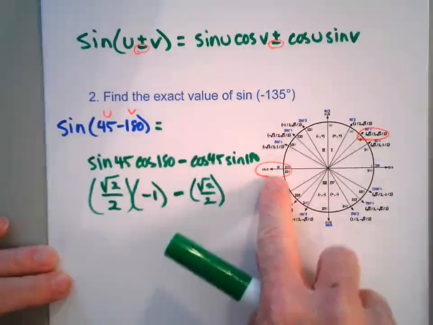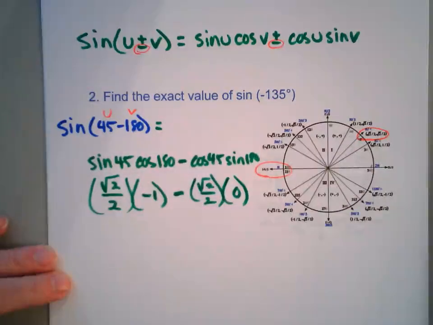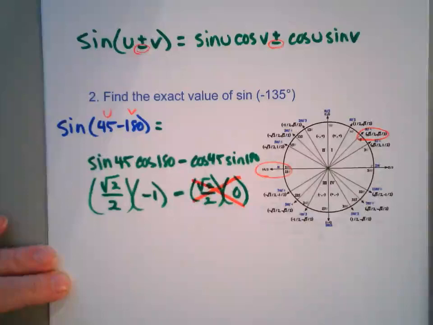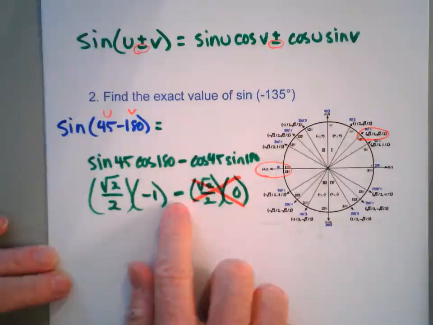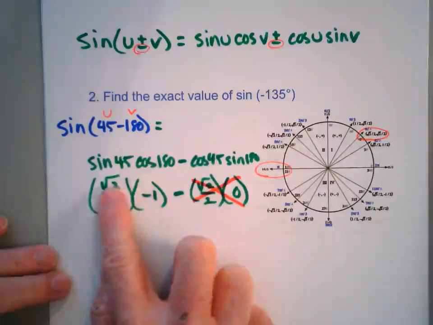Sine of 180, need a good unit circle, is 0. So if you're paying attention to this problem, you'll know that 0 times anything is gone, and that subtraction sign is not going to mean anything, and so all we have is this right here.